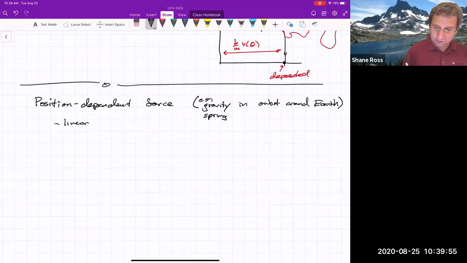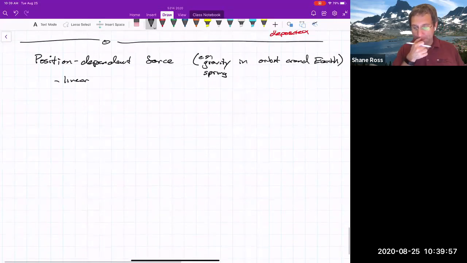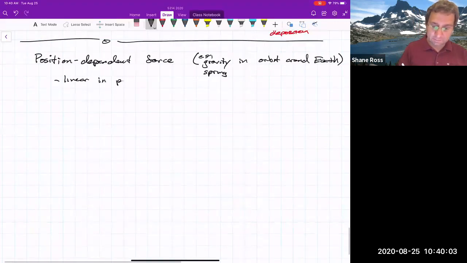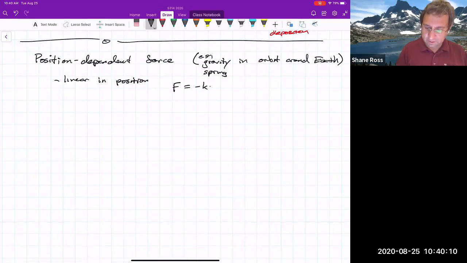So the simplest thing, just like before, we looked at something that was linear in the velocity. Now we'll look at something that is linear in the position. And later we could look at more exotic things. But so F equals negative kx, where x is measured with respect to an equilibrium.